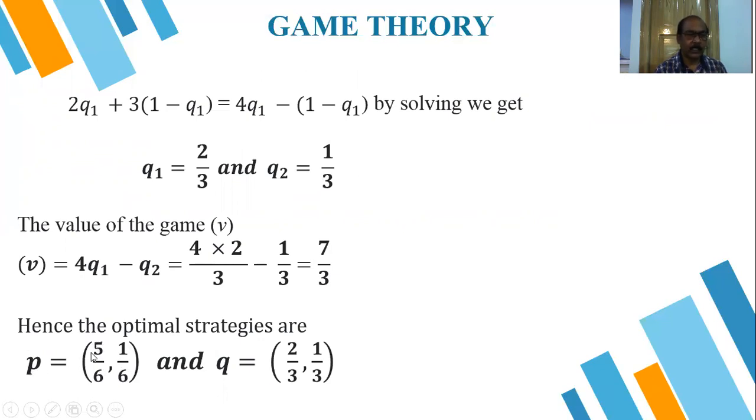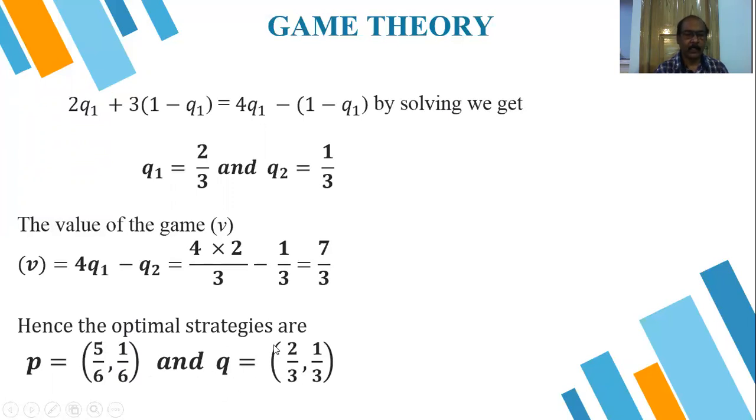That means selecting the course of action 1, or strategy 1, for the player A has probability 5 by 6, and selecting the course of action, or strategy 2, that means A2, for the player A has 1 by 6 probability.